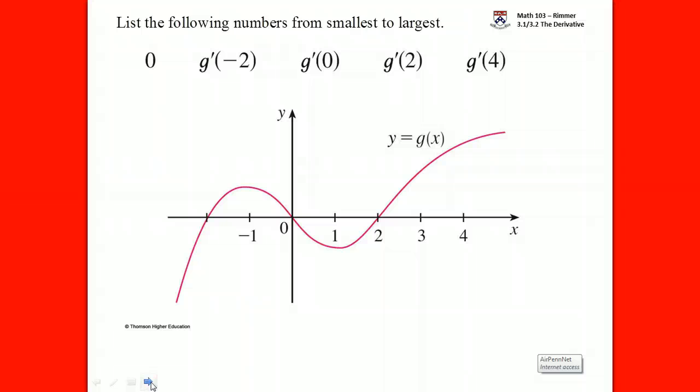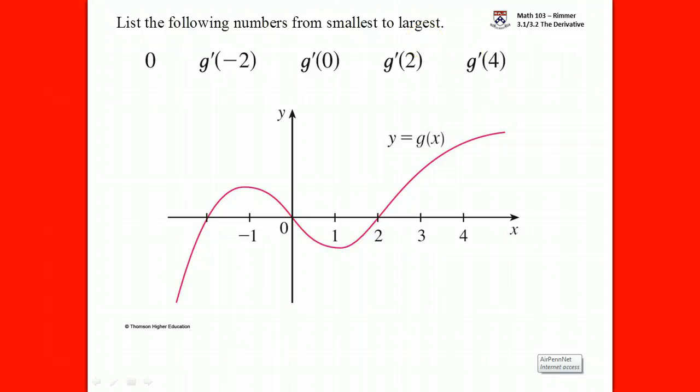We said that if we put a prime symbol, that stands for the slope of the tangent line at that value of x. So all of these 4 are tangent line slopes, while this one's just 0. And so we have tangent line slopes at -2, 0, 2, and 4. We're supposed to be able to judge who's larger than the others.